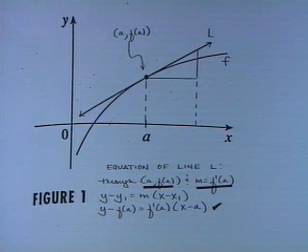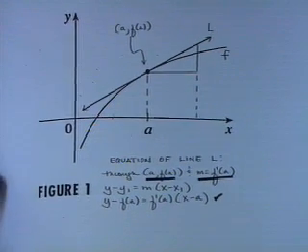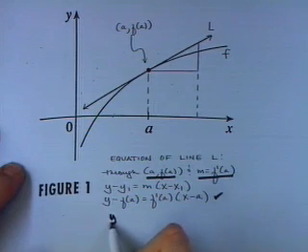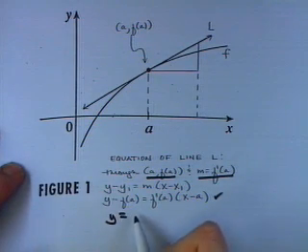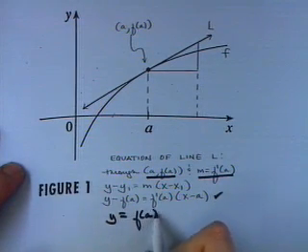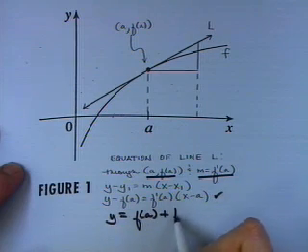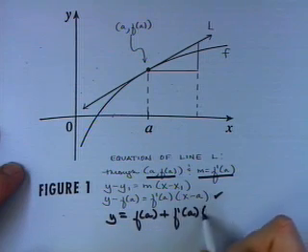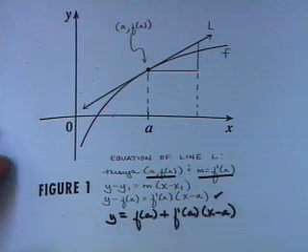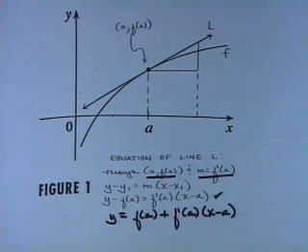So it's our first application of the derivative. Now I want to solve that for y. So y is f of A plus f prime at A times x minus A.